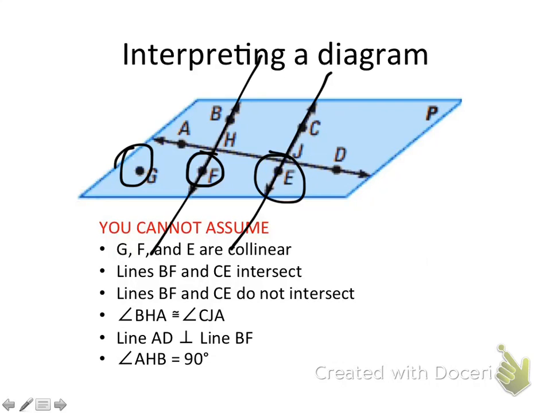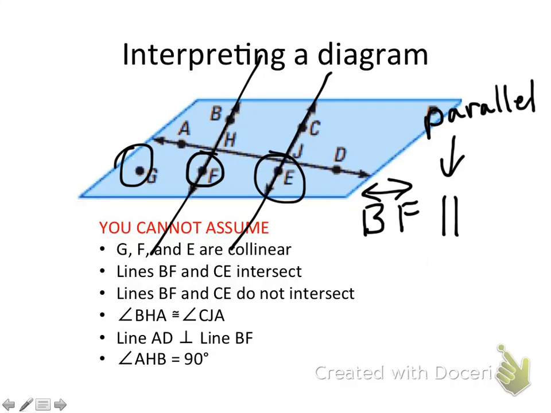If they were parallel, they would tell us that line BF was parallel, that's the symbol for parallel, to line CE. Don't assume from the picture that they are or aren't unless they're drawn with an intersection like AD and BF were on the previous example.